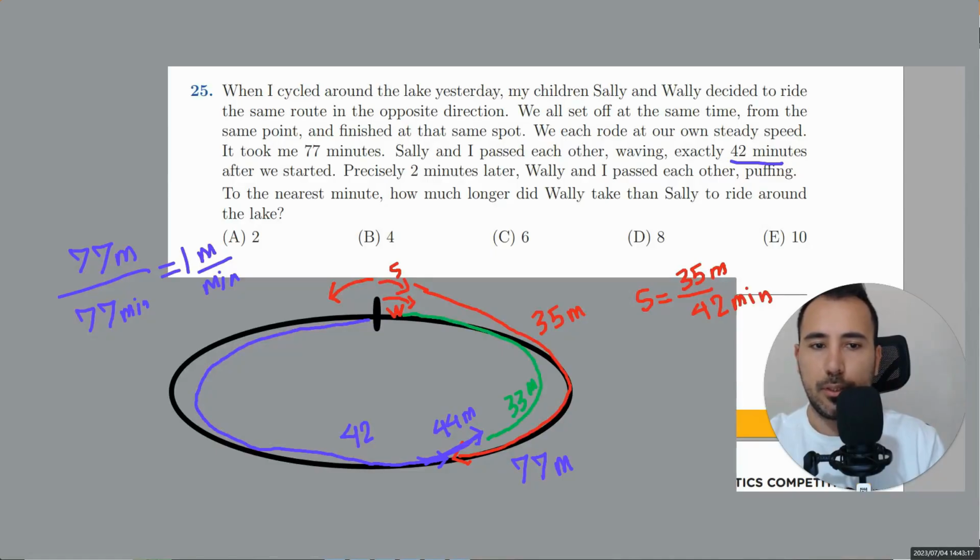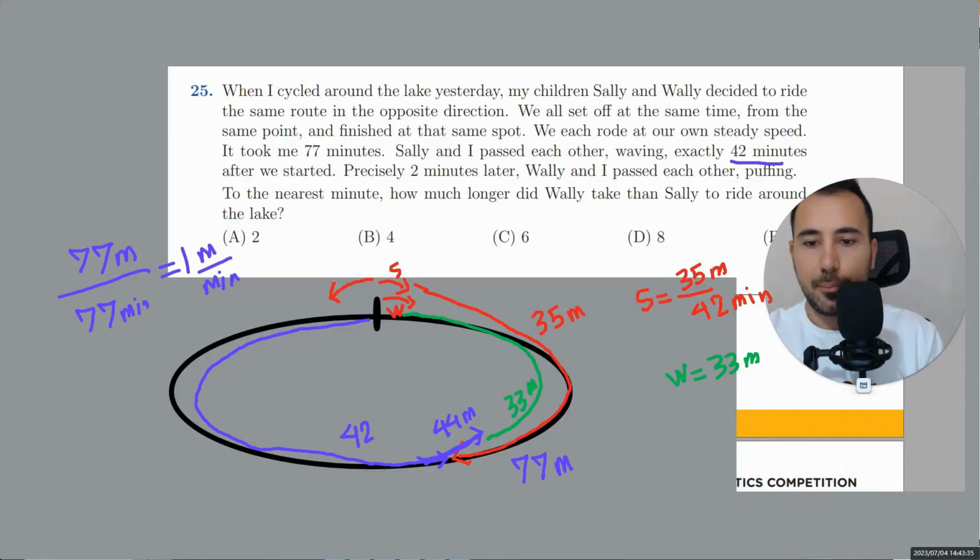W will go 33 meters. Also, I have to move myself a little. In how many minutes? In 44 minutes. Okay. So we have their speeds, the speed of Sally and the speed of W. And remember the whole ring, we assumed it was 77 meters.